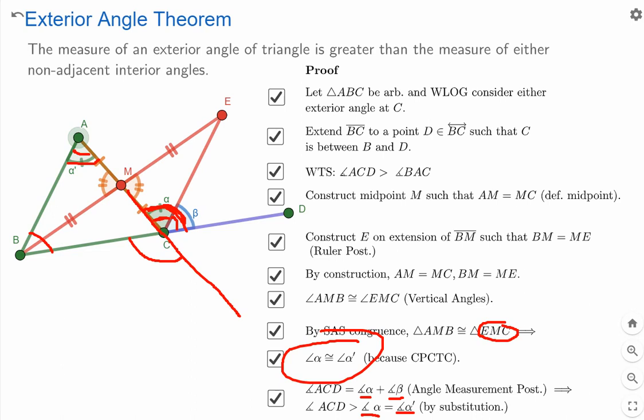It's bigger than the angle here at B, but notice that it's a vertical angle to the one we just proved. So we will actually get it by just creating this down here to a point D prime, and we can complete the proof that way. So it's true that the measure of an exterior angle is greater than the measure of either non-adjacent interior angle.